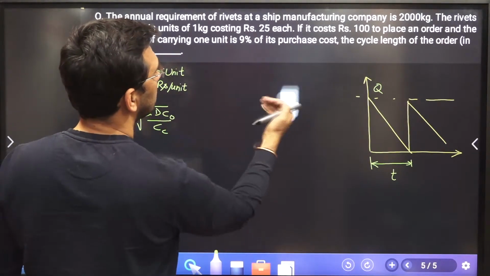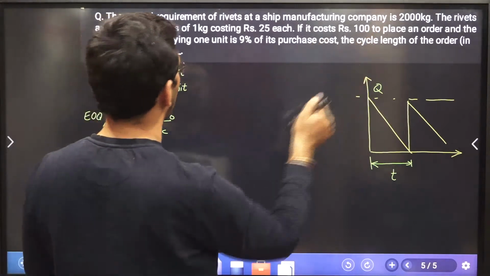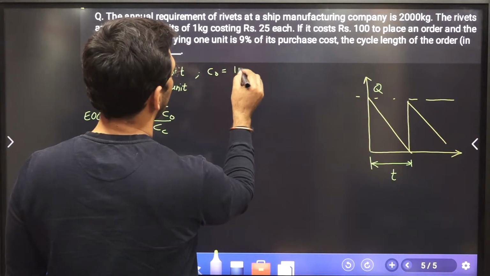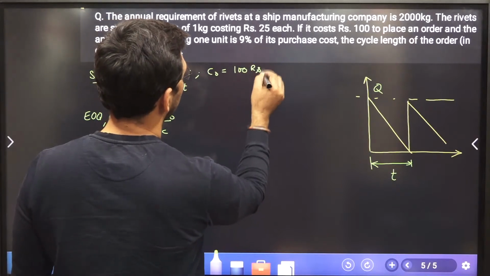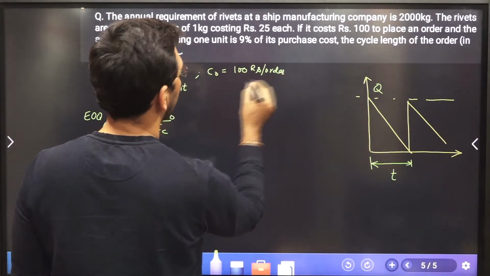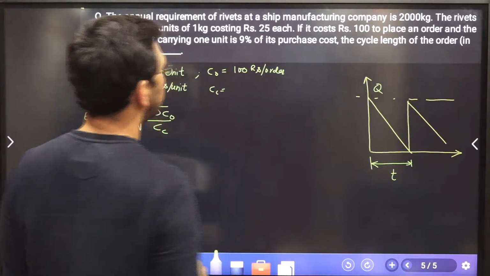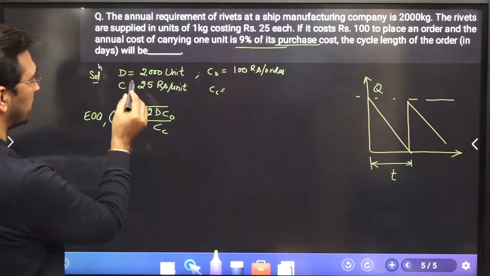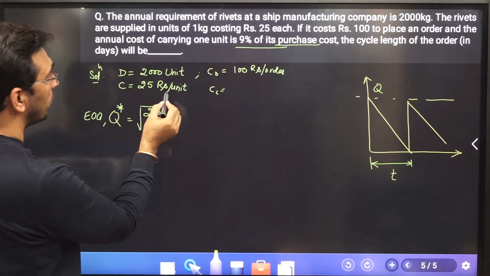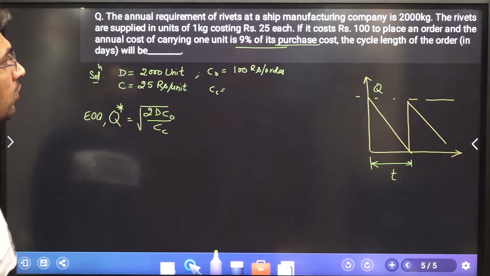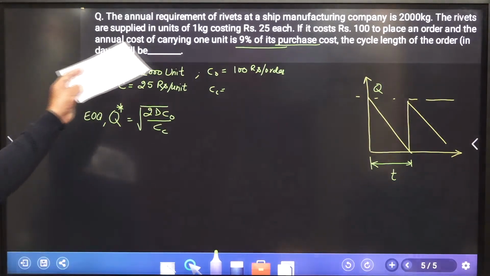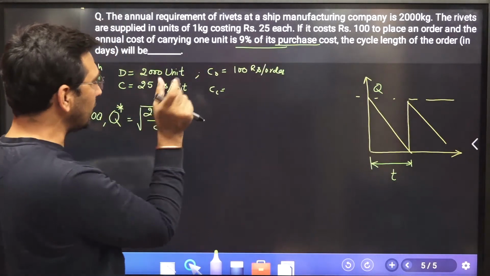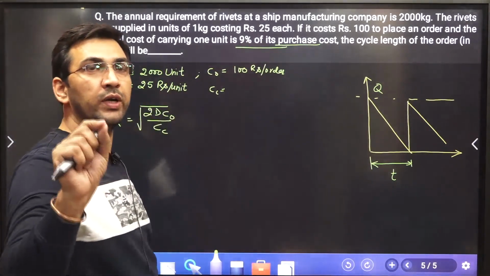And what is the carrying cost? If it costs 100 to place an order, so ordering cost he has clearly given: 100 rupees per order. At the same time, he has given you the carrying cost. How much is the carrying cost? He's saying 9% of the purchase cost. Purchase cost is 25 per unit. So the annual cost of carrying is in rupees per unit per year.